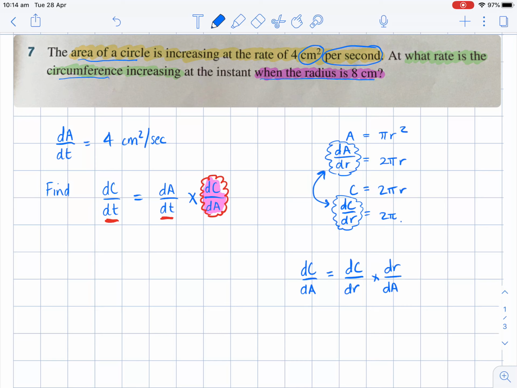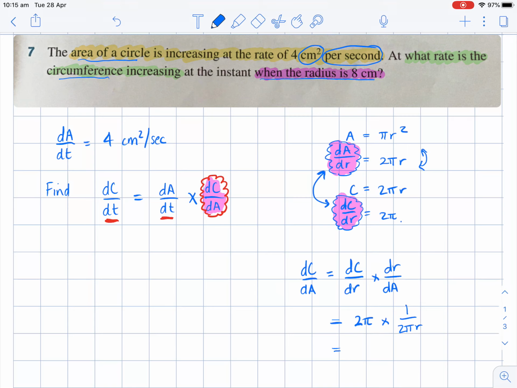So I can put these two expressions together and put them into their own little chain rule to cancel out the r's and get my dC/dA. So dC/dr is equal to 2 pi, and dr/dA, well, I've got to flip this one upside down, becomes 1 over 2 pi r.